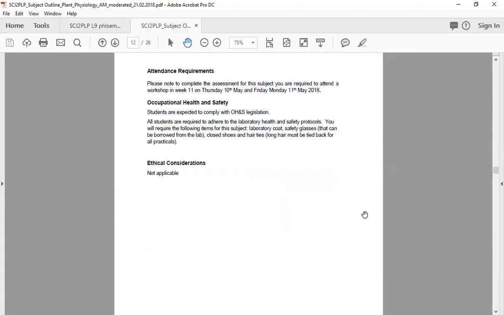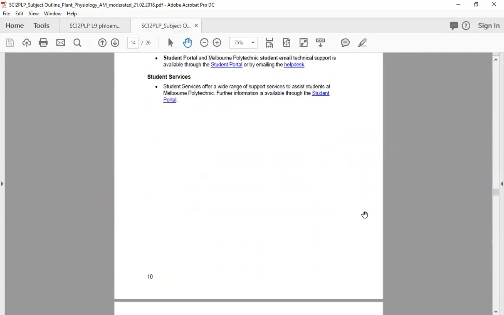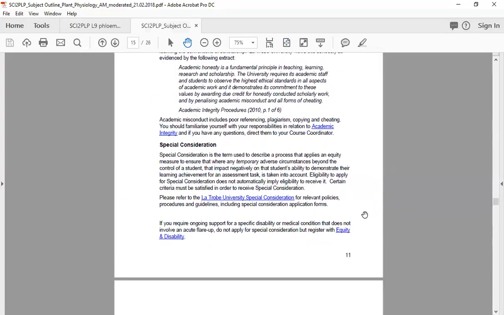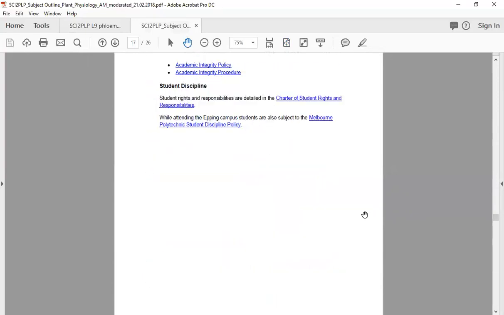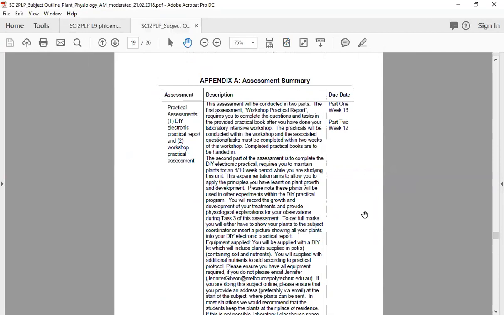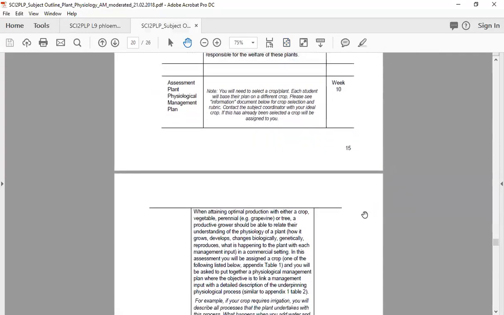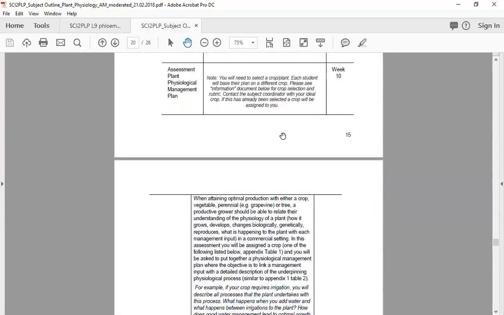I'm sure everyone's read the subject outline, but just to remind you that there's a fair bit of information on this Plant Physiological Management Plan. If you go to the appendix of the subject outline, here we go, Plant Physiological Management Plan.